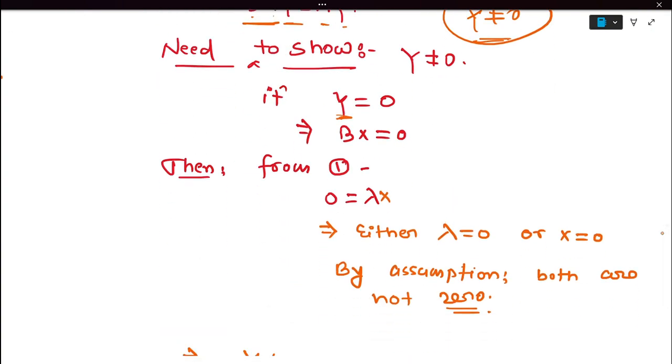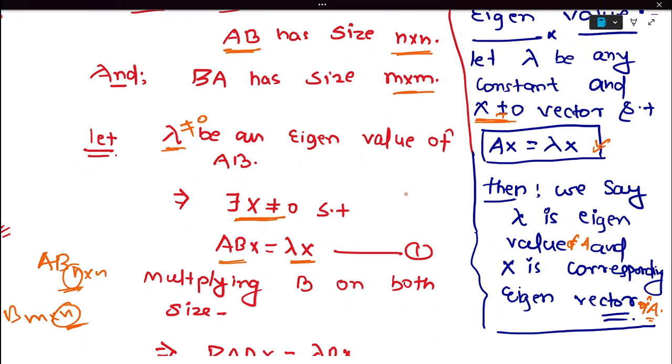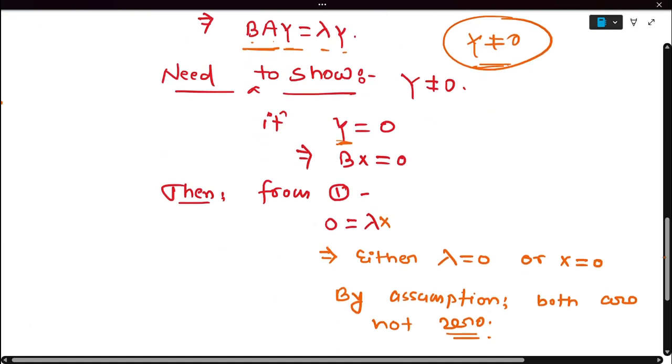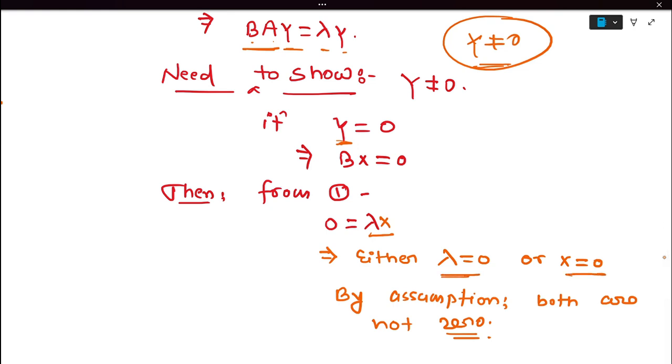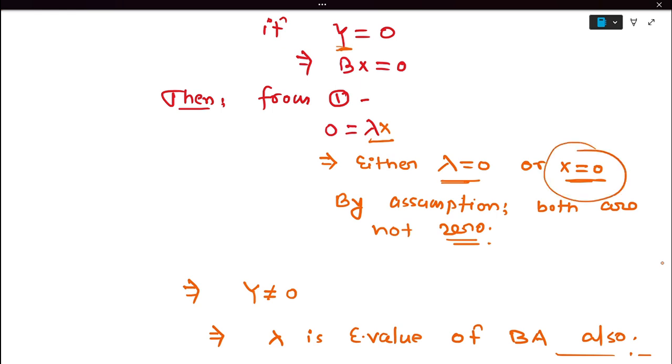So Bx is 0. If Bx is 0, then lambda x is 0, and this implies either lambda is 0 or x is 0. But by the definition of eigenvectors, x is always non-zero, and by assumption lambda is non-zero.